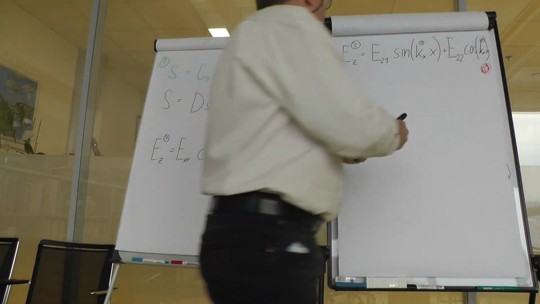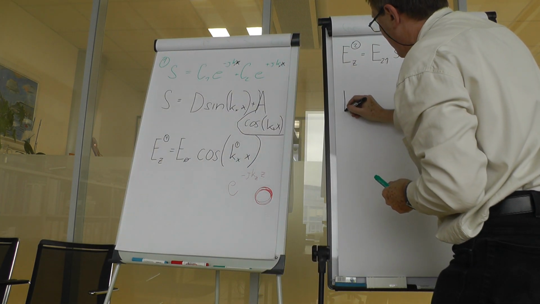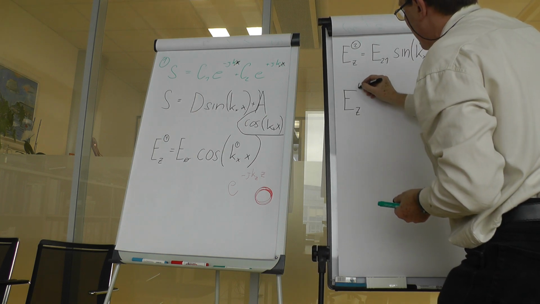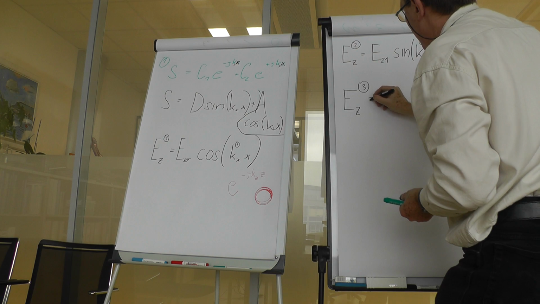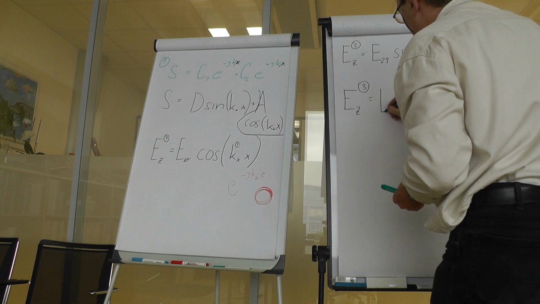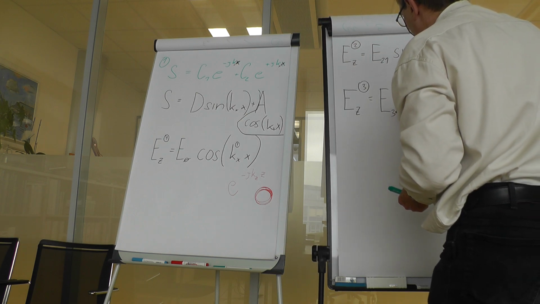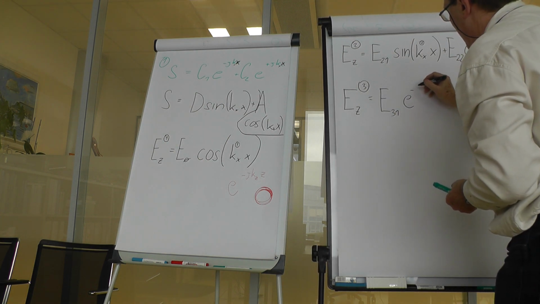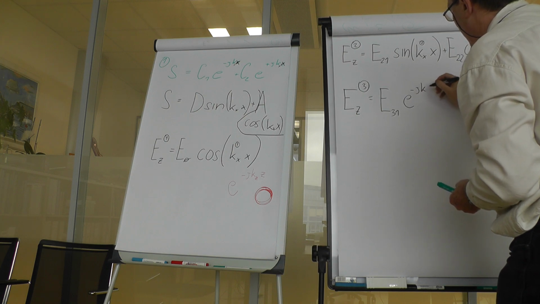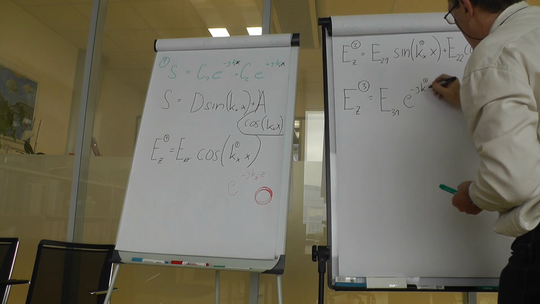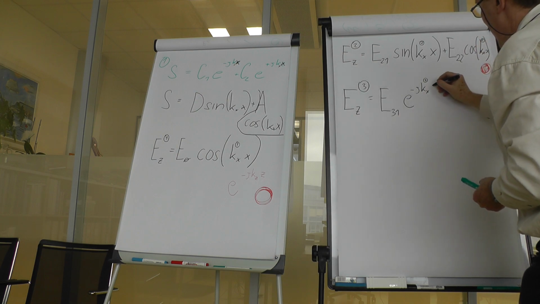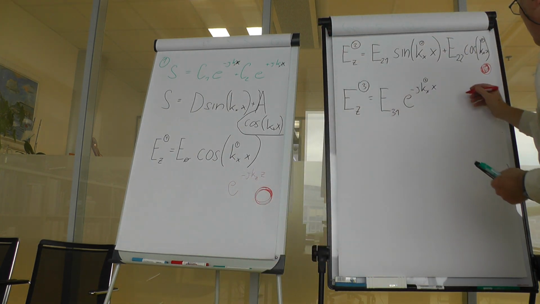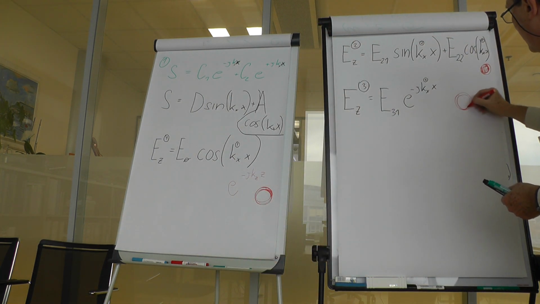We would have the solution for the third part of the universe as Ez in the third part equivalent to E31 e raised to minus jk3x x, and of course multiplied by the dependence in the z direction.